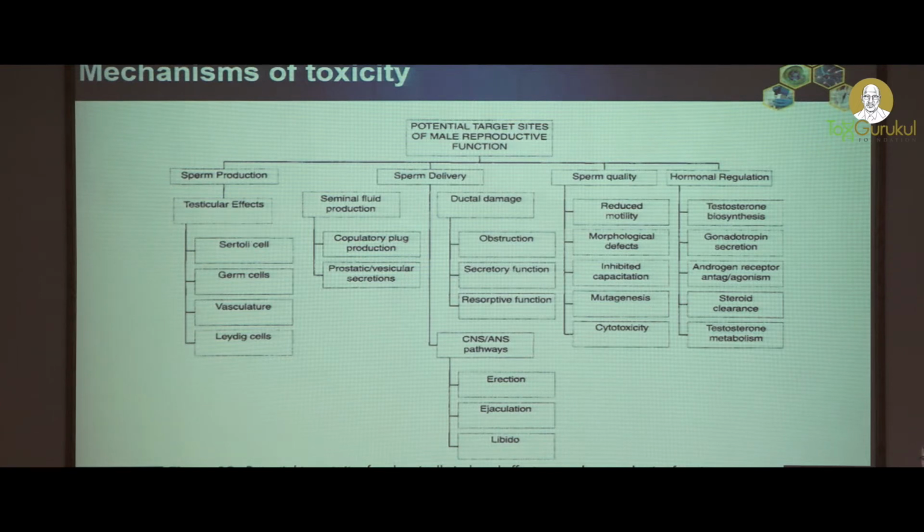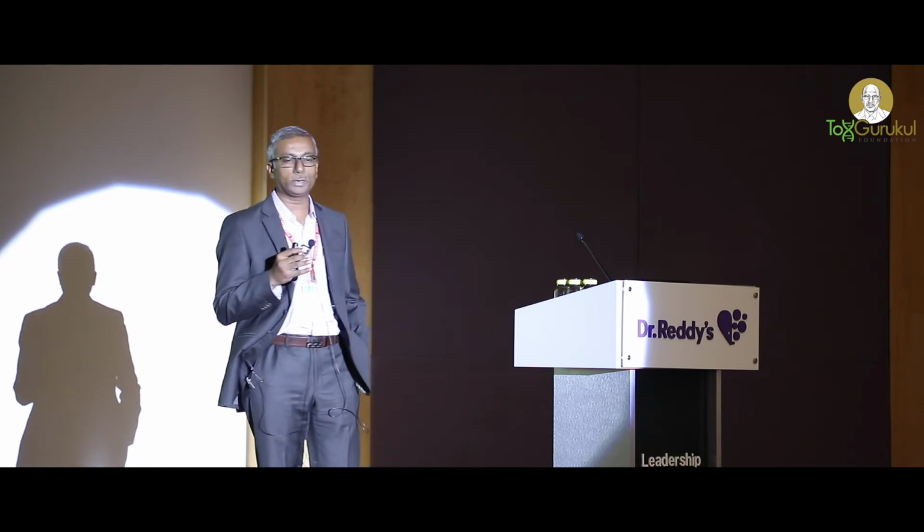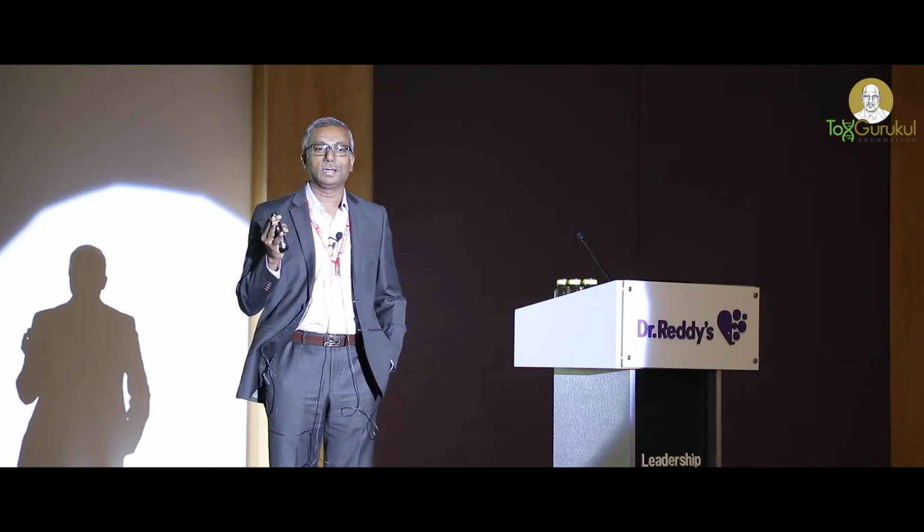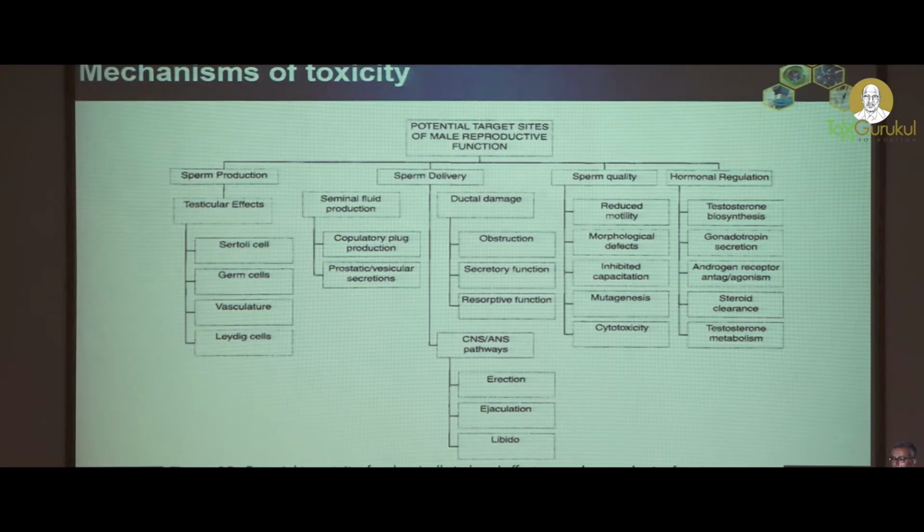Sperm delivery involves seminal fluid production and ductal damage, and the CNS or ANS pathways, which can be assessed more in humans than in stress-free laboratory animals, because scientists like us take care of these animals so well. Then there are sperm quality and the hormonal regulations.